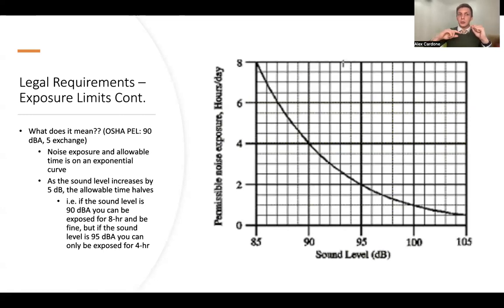Every time you do one exchange rate, the allowable time halves. So 90 decibels for 8 hours, 95 for 4 hours, 100 for 2 hours, 105 for 1 hour. That's the stance OSHA takes to protect workers, and how they see the relationship between hours you're allowed to be exposed and the sound level intensity.